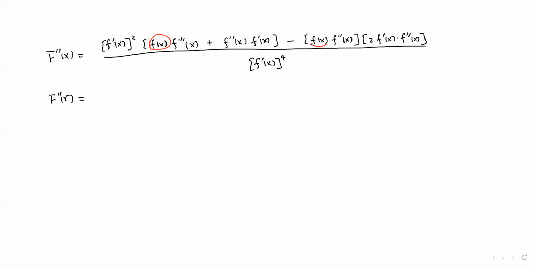And also here, this term is 0. So this whole term is 0. So the second derivative at R is equal to the f second derivative at R.